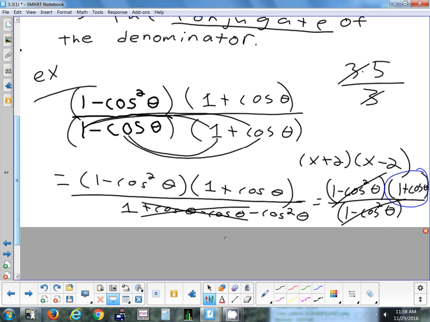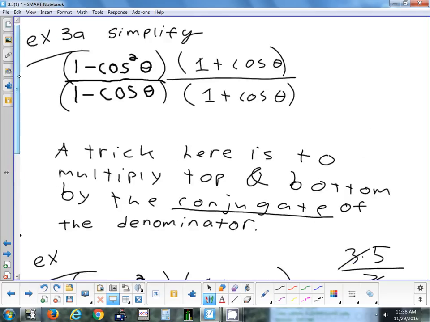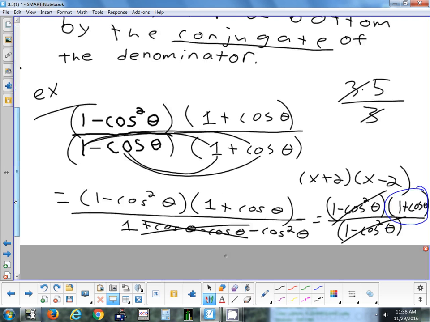And that's your final answer. Okay, so we started with something that looked kind of tricky. 1 minus cosine squared divided by 1 minus cosine. And it actually simplified kind of nice. It's just 1 plus cosine. Okay, any questions on that one?